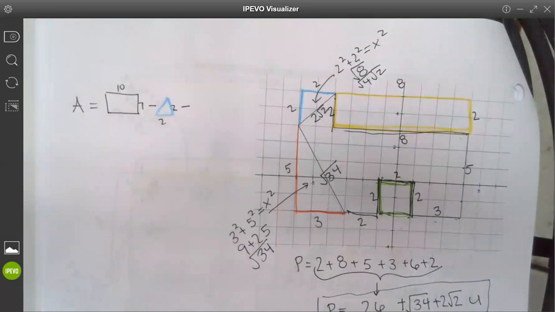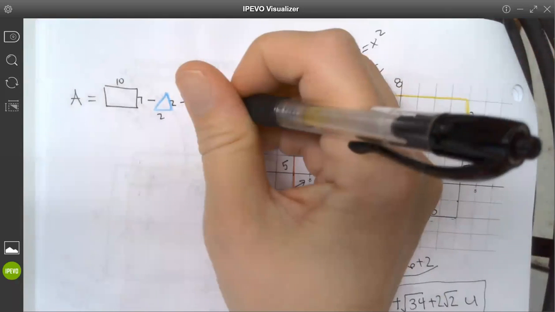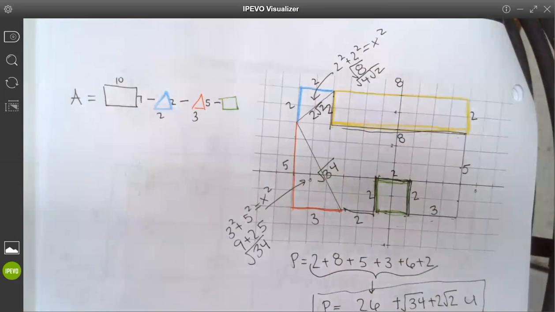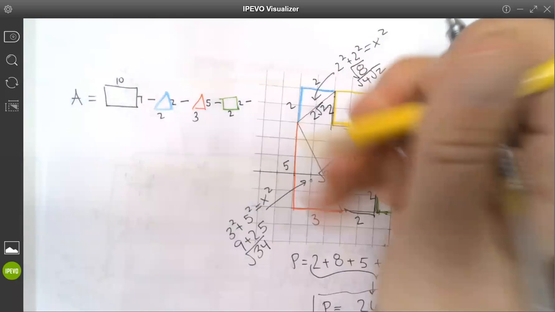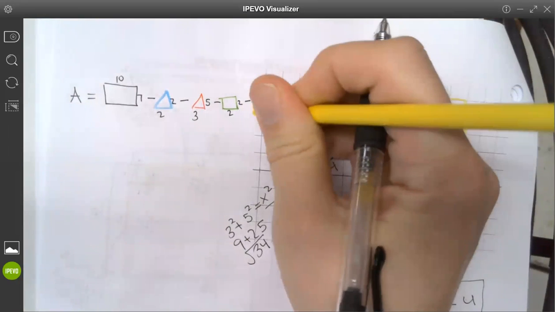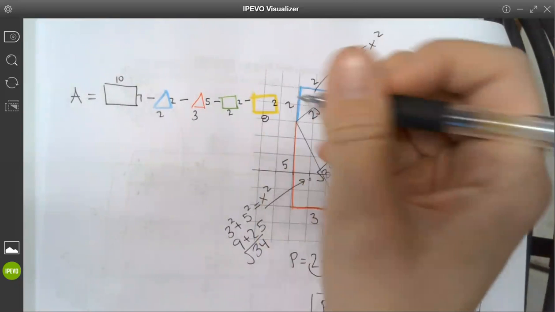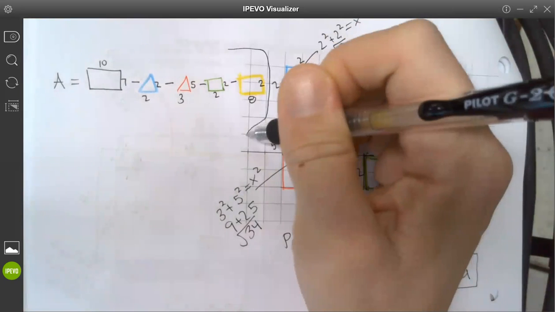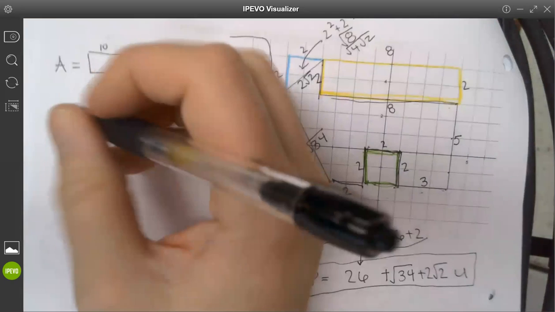The red triangle, that's 3 and 5. The green box, that's 2 by 2. And the yellow rectangle, that's 8 by 2. Okay, that's how I'm going to find my area.